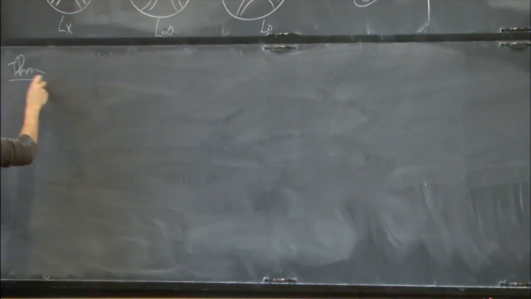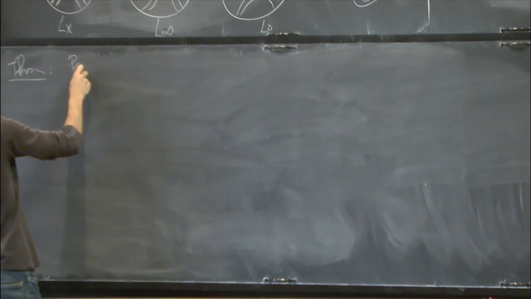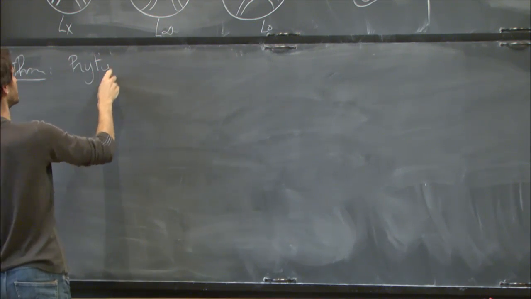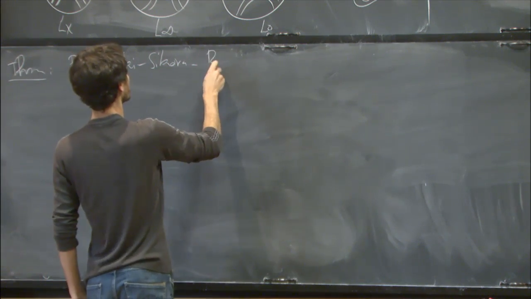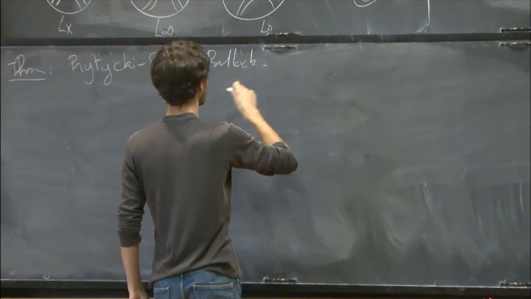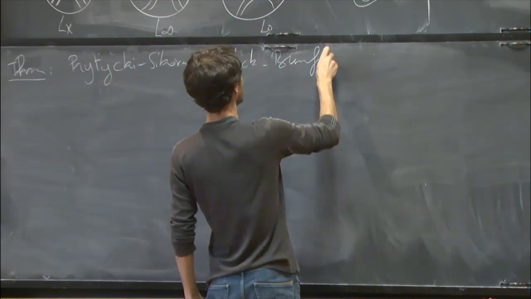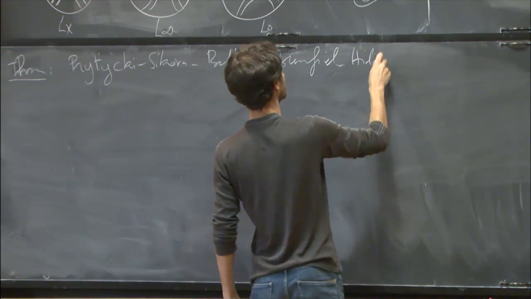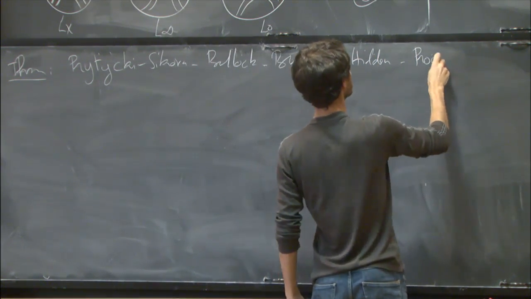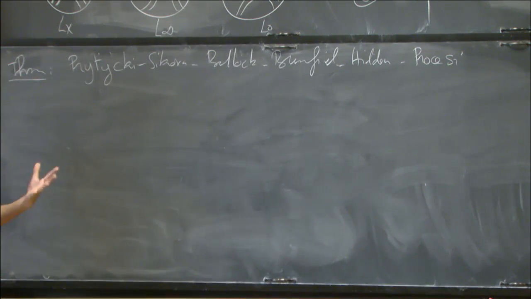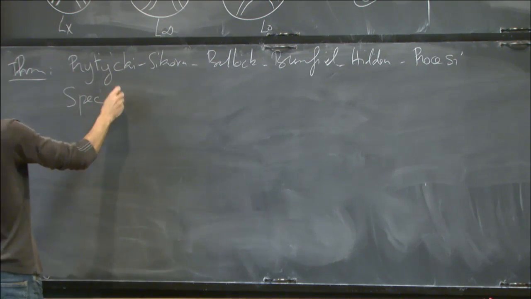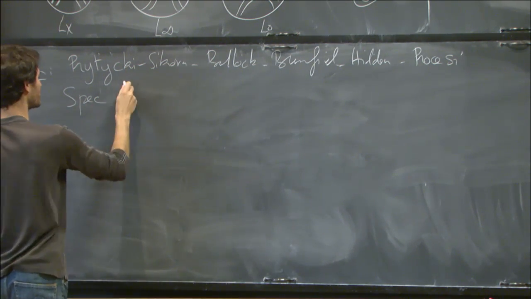Well, the theorem, which is due to Przytycki, Sikora, Bullock, Brumfield, Hilden, and Procesi, is that it's an algebra, but the spec of this algebra, if you allow me to use this word.